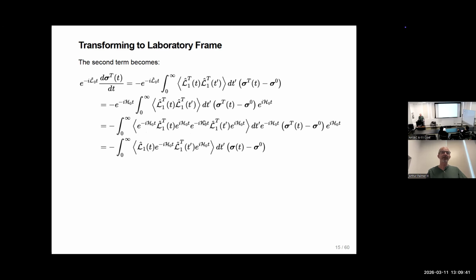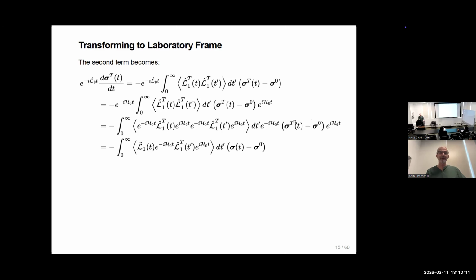And now I've inserted a bunch of unity operations, identity operations, again in the form of putting in the operator and then its inverse. I've done that here, and here, and here's the part I started with. This is because my transformations are based on these kinds of sandwiches.